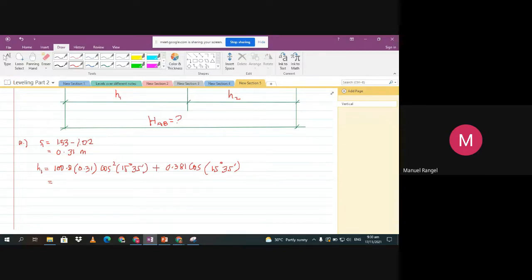So this is 28.993 plus 0.381 times cosine of 15 degrees 35 minutes, 0.367.